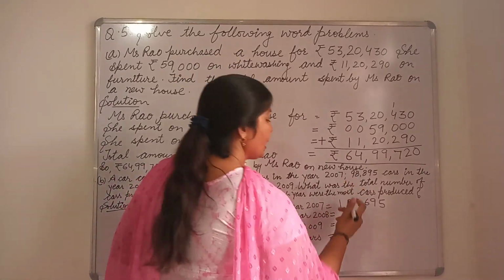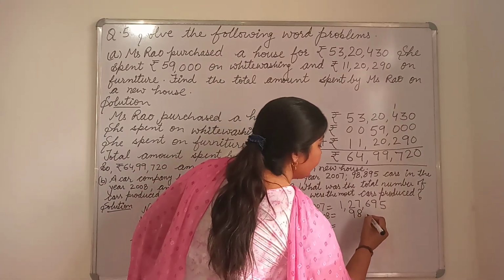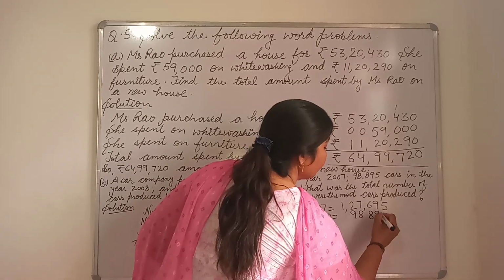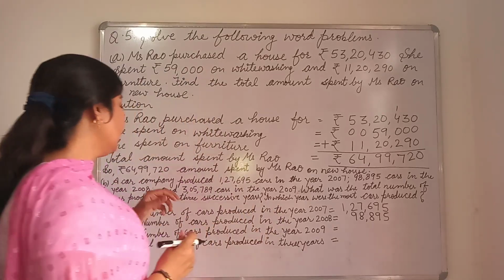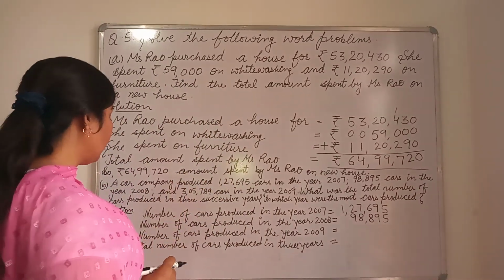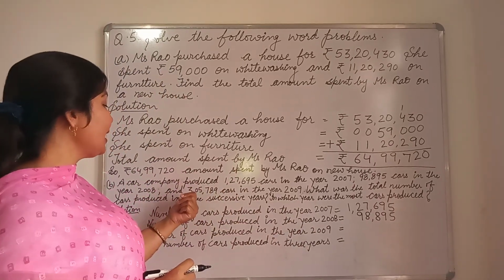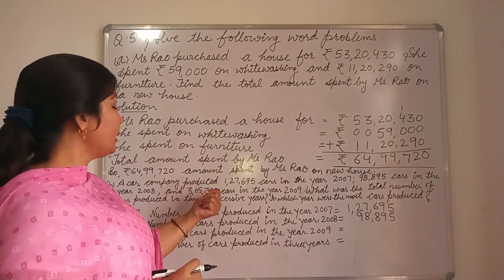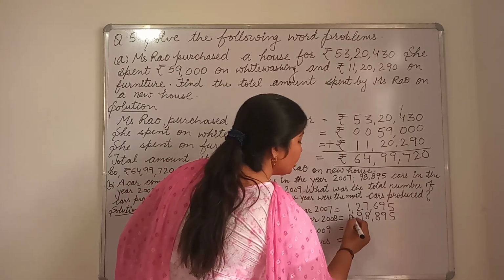So there is no lakhs. So in thousand column we should write 98,895. Then next, third, these many cars produced in year 2009. So number of cars produced in the year 2009. How much? 3,05,789. So here there is no lakhs column, so we can write here 0.